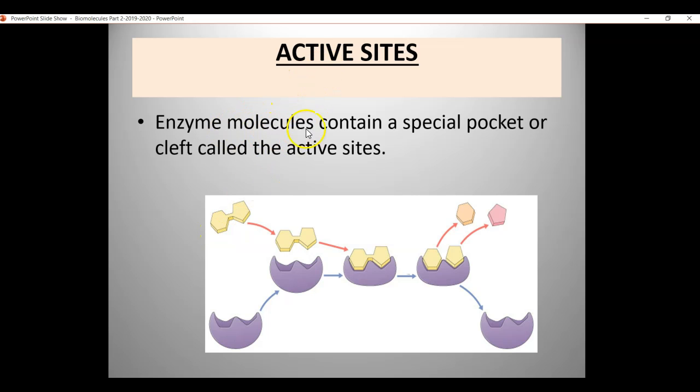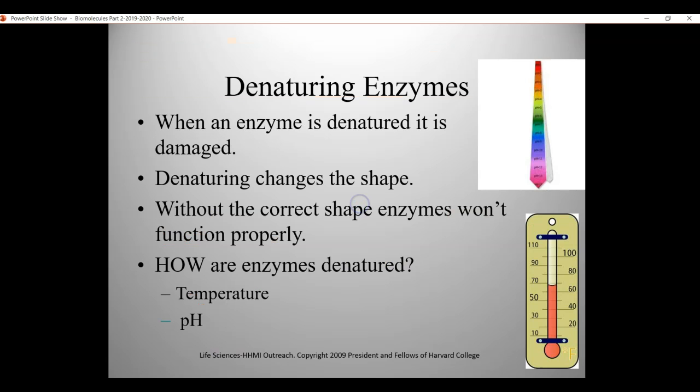The enzyme molecules contain a special pocket or cleft called the active site. I told you it's like a puzzle piece. Here's your substrate, there's your enzyme, active site, and there's your products after the substrate has gone into the enzyme and the enzyme has gone to work.